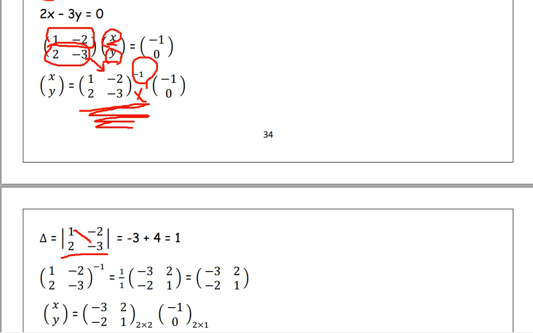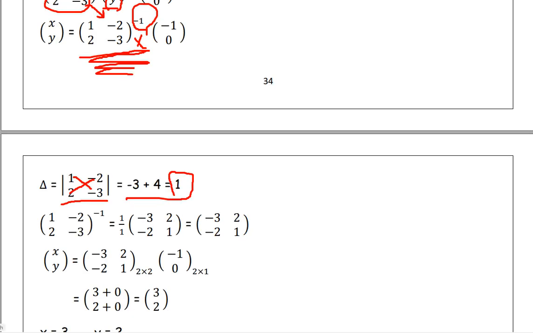And then we will make 1 over 1 multiplied by the matrix, but we change something. We change these: 1 and negative 3, it will be negative 3 here and 1 down, and for these two elements, we will change their signs. So negative 2 will be 2, and 2 will be negative 2.